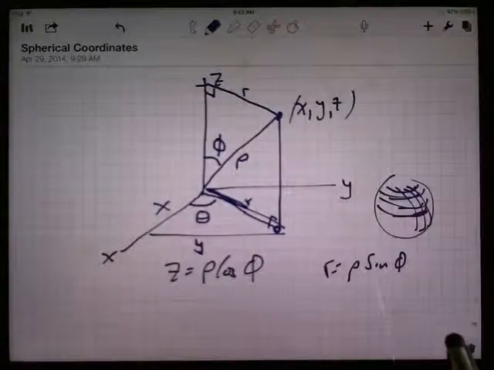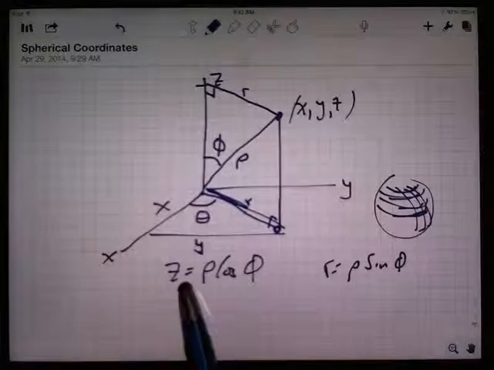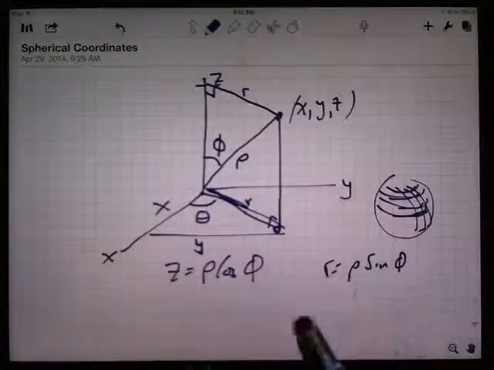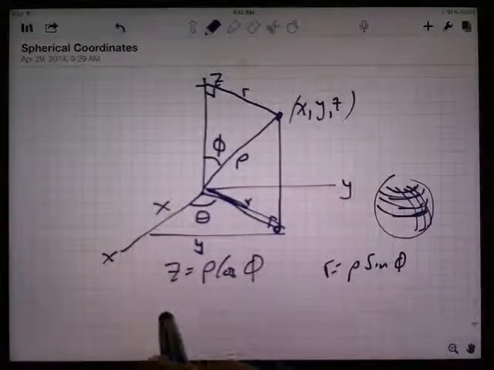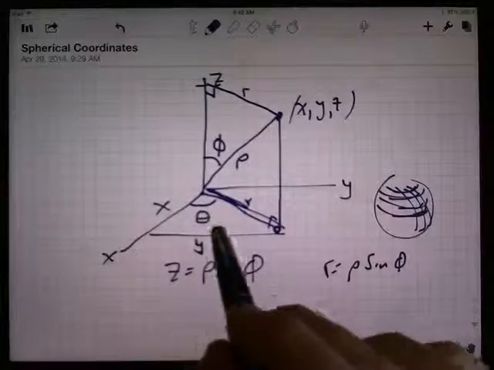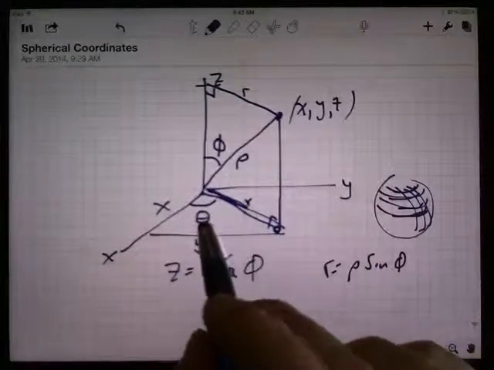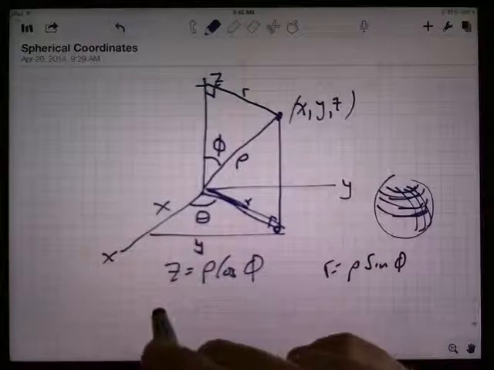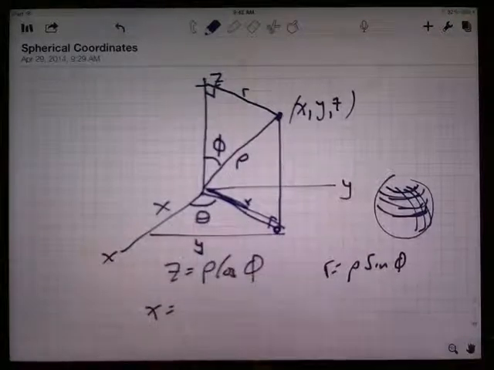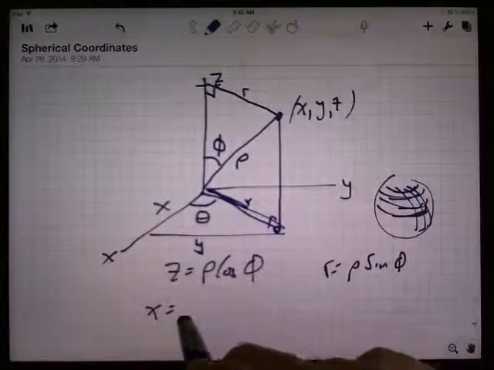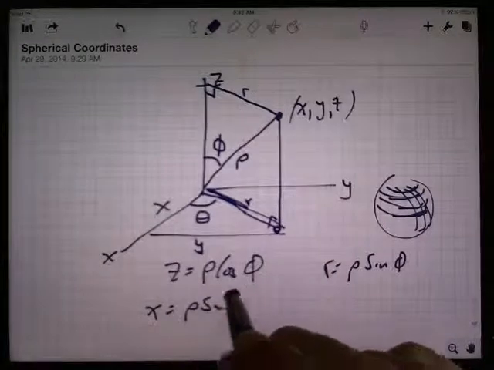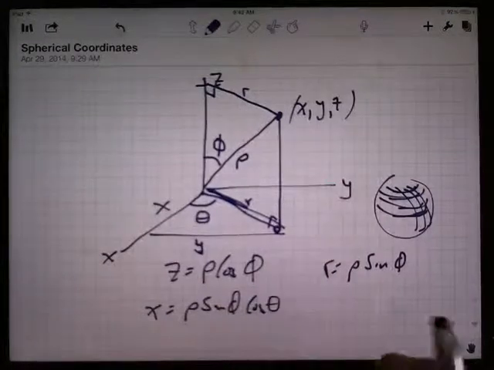Actually, for cylindrical to spherical coordinates, there's your conversion. You've got z, you've got r, and theta is the same thing. But I want to go to x's and y's. So now I know what r is. X is equal to r times the cosine of theta, so it's rho sine phi times the cosine of theta.